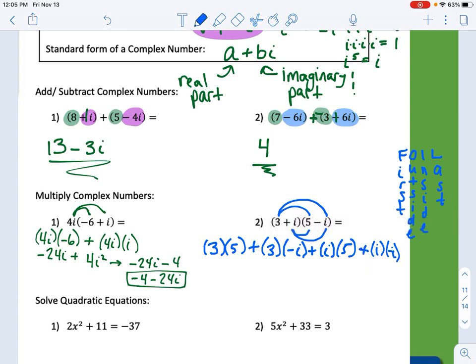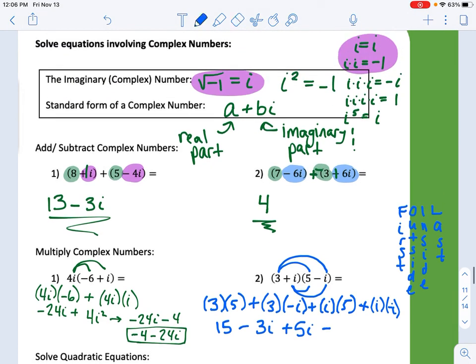So now you just multiply within each choice. So 3 times 5 minus 3i plus 5i minus i squared. We end up getting, well, first of all, we know i squared is, as you see up here, -1.